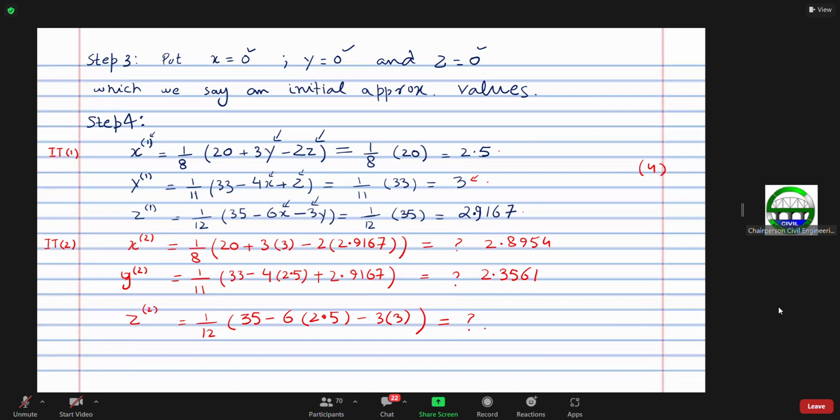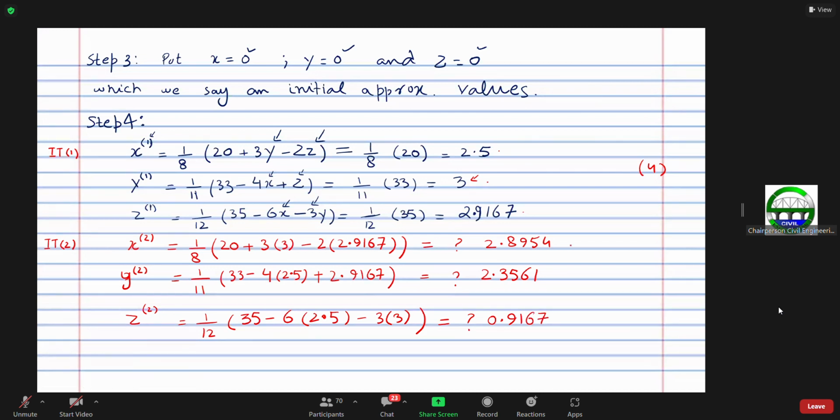And next, z2. What is the value of z2 in here? 0.9167.